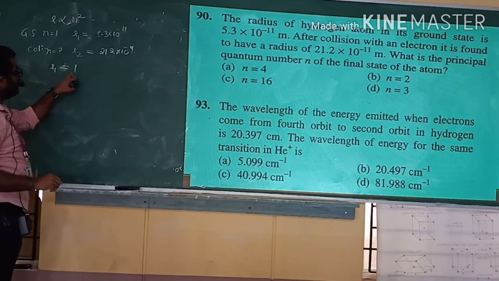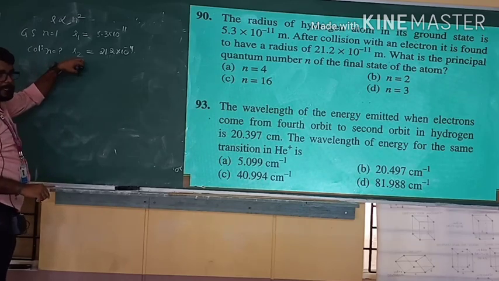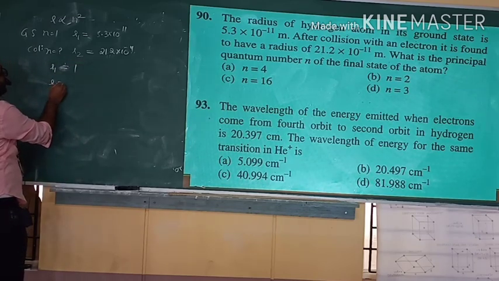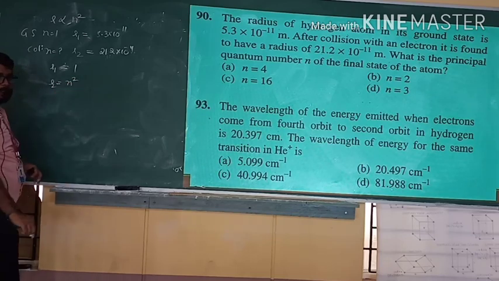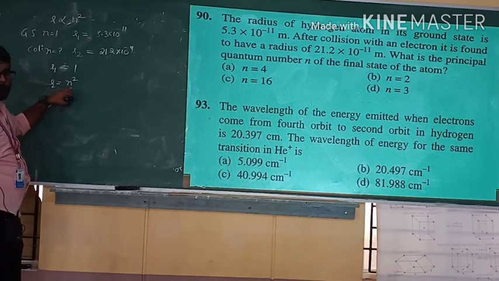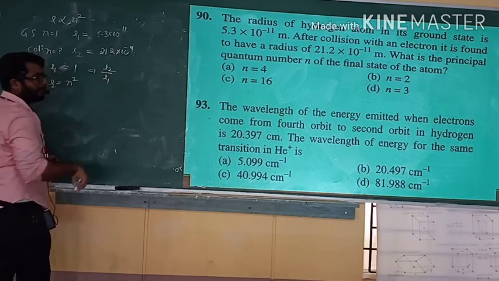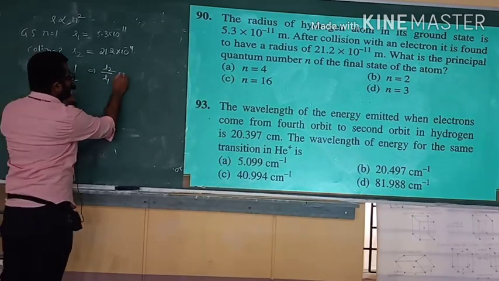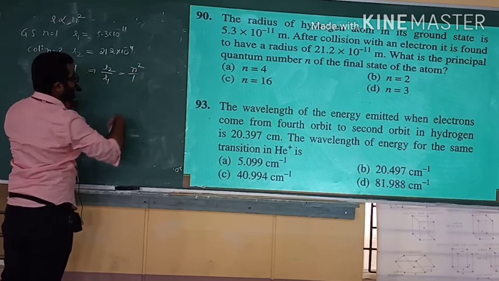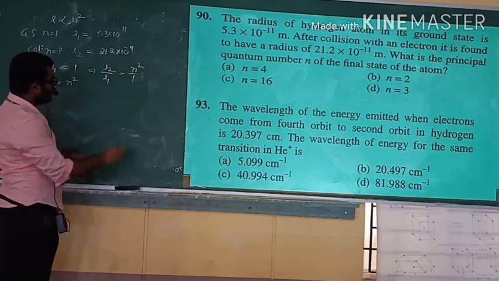So 1 square is 1 ಅಂತ ಬರ್ಕೋಬಹುದು. Here ಈ ಸ್ಟೇಟ್ ಬಂದ್ರೆ r2 is equal to n square. ಈ ವ್ಯಾಲ್ಯೂ ನಮಗೆ ಬೇಕು, n2 ವ್ಯಾಲ್ಯೂ ನಮಗೆ ಬೇಕು. This implies r2 divided by r1 is equal to n square divided by 1 ಅಂತ, ನನಗೆ n square ಬೇಕು.